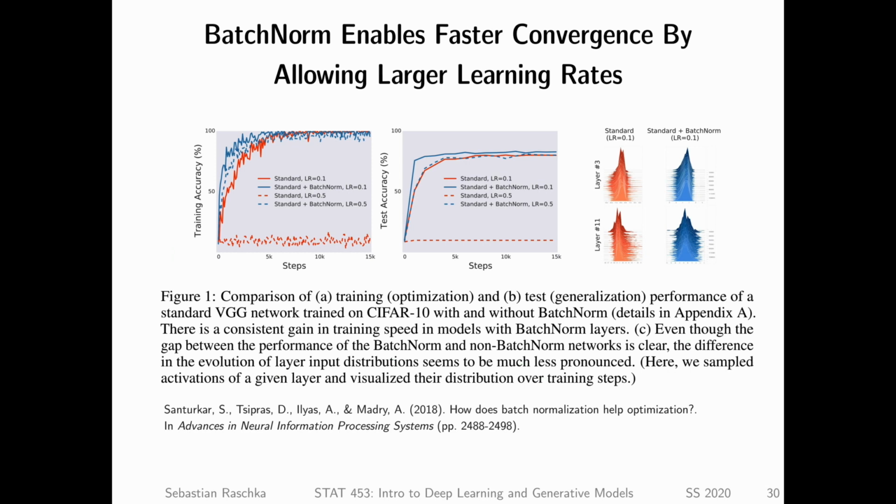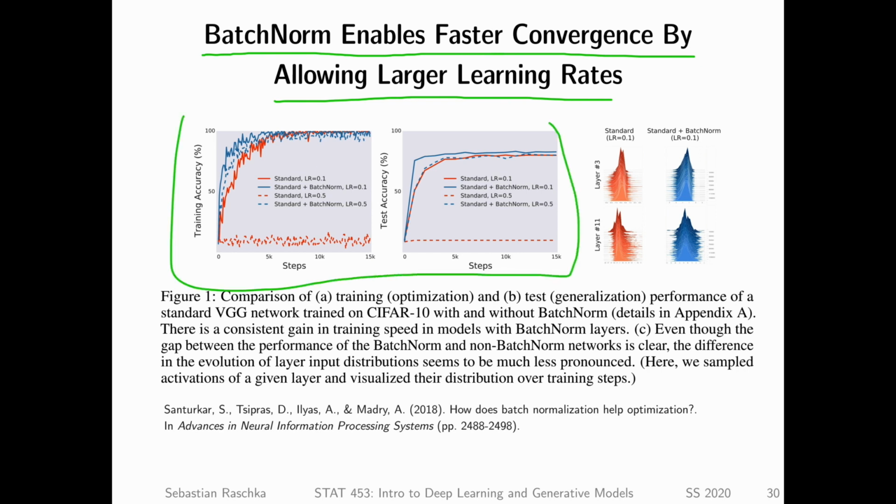So I just added some figures from this paper, where I'm showing you some of the results. One conclusion from the same paper was that batch norm enables faster convergence by allowing larger learning rates. What we see in this figure, the red or dark orange ones, are the regular neural networks without batch norm.